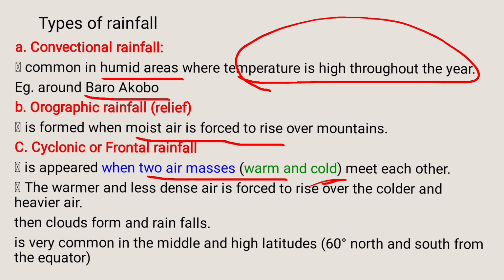The warmer and less dense air is forced to rise over the colder and heavier air. During this, clouds become formed and the rain will appear. This type of rainfall is common in middle and high latitudes, beyond 16 degrees north and south of the equator.